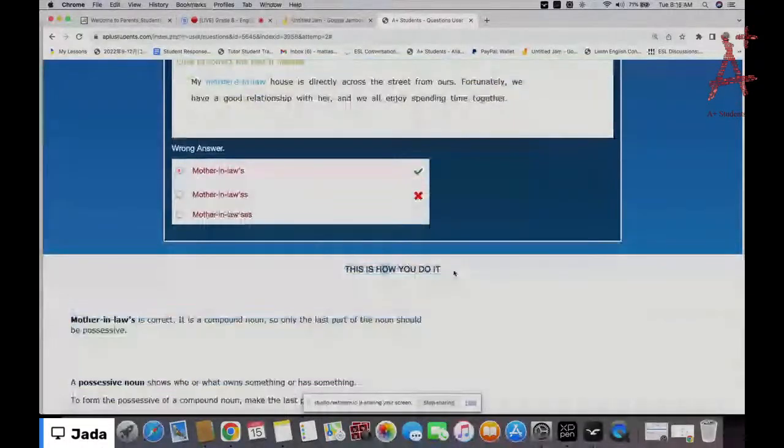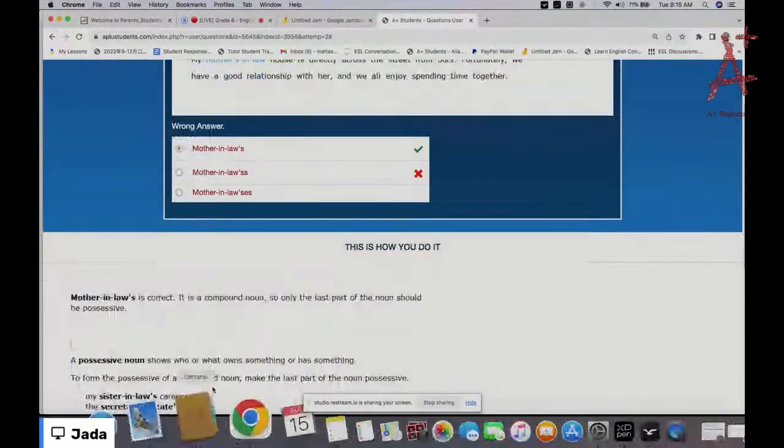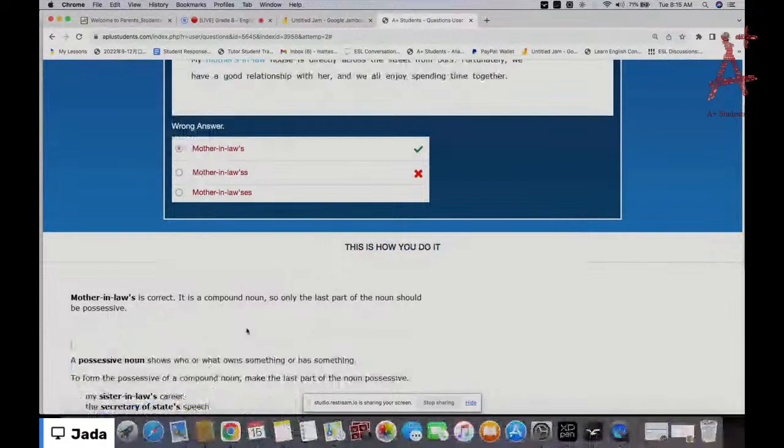All you need to do is scroll down a little bit and you're going to see how to answer the questions. Then you have an idea again about what it's all about. The tutorials are down there. You just need to read it again and be sure of everything. So it's supposed to be mother in laws, not mothers in law.